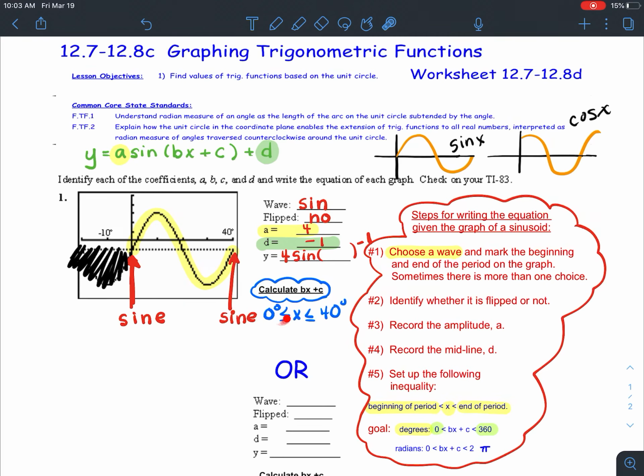Now if you look at this, you'll notice the left side is already a 0. So that's good. That was kind of the advantage of picking a wave that started right on the y-axis. So I don't need to do anything to change that to a 0, but I need to turn this 40 degrees into a 360 degrees. Now let's think about a couple different ways we could do that.